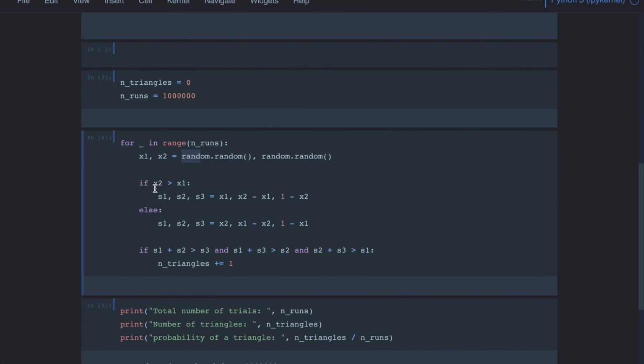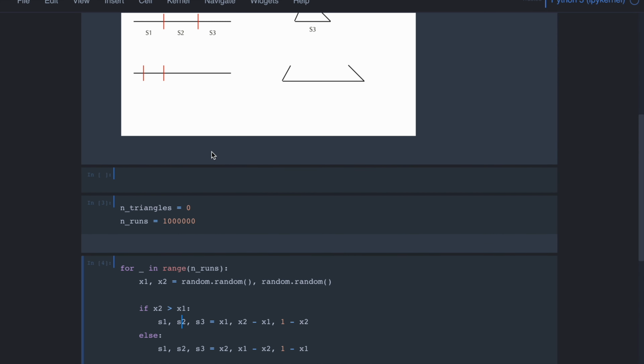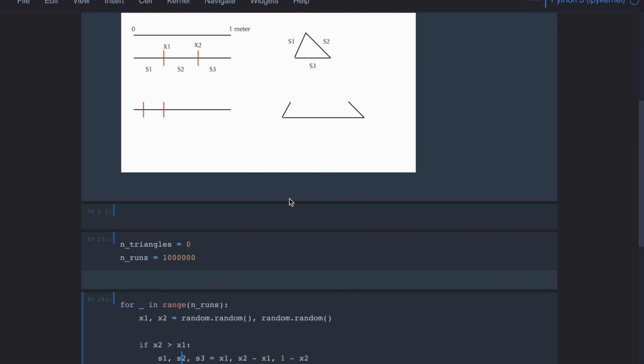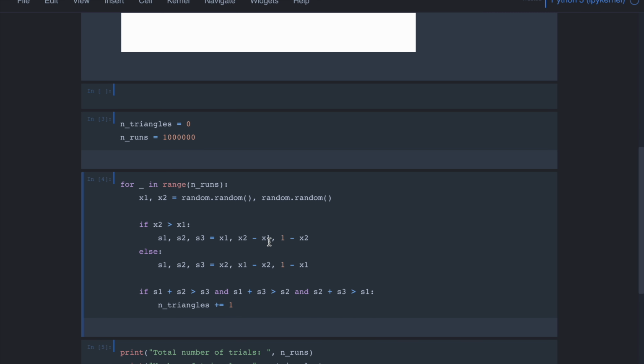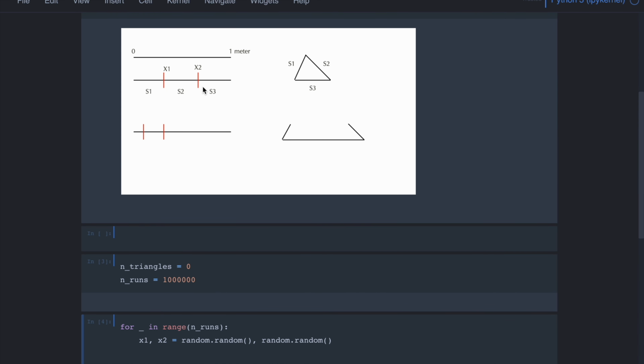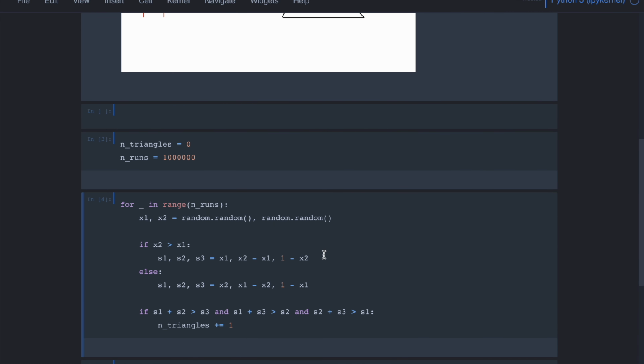So here, if x2 is greater than x1, the length of the first segment s1 is going to be x1, the length of the second segment s2 is going to be x2 minus x1, and the length of the final segment s3 is going to be 1 minus x2, which is what we have here.